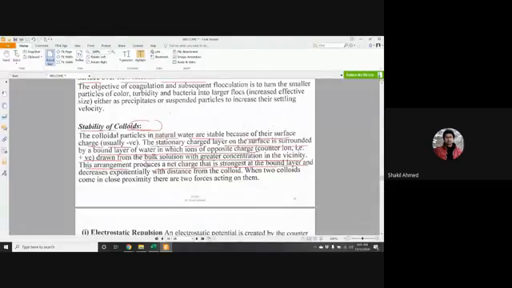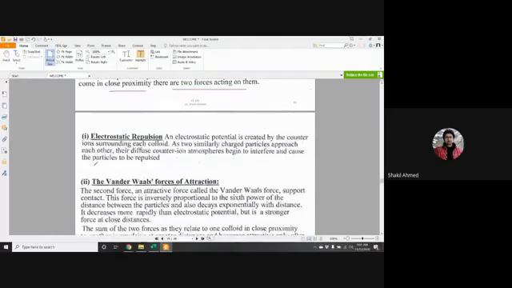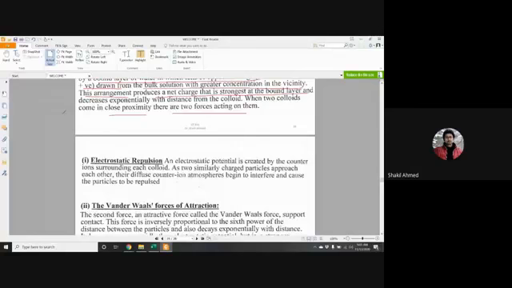This arrangement produces a net charge that is the strongest at the boundary layer and decreases exponentially with distance from the colloid. When two colloids come in close proximity, there are two forces acting on them. One is electrostatic repulsion, another one is van der Waals force of attraction.